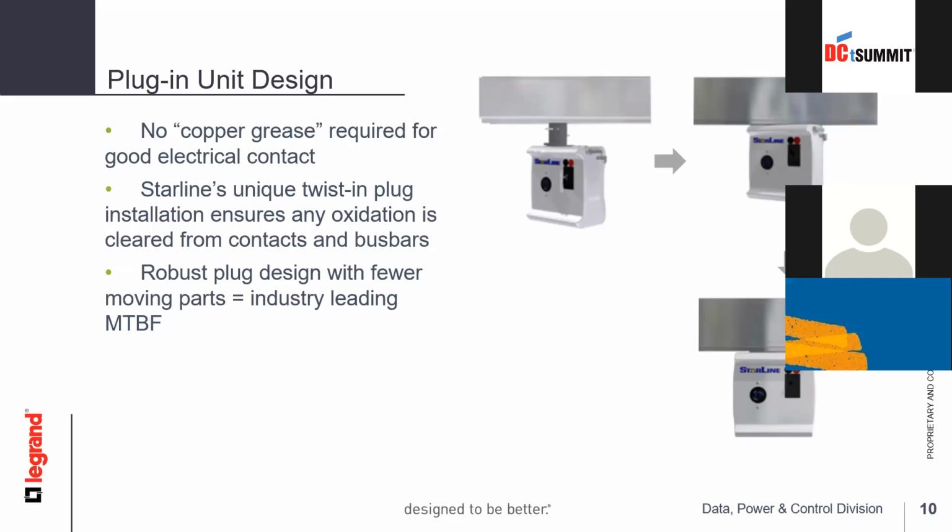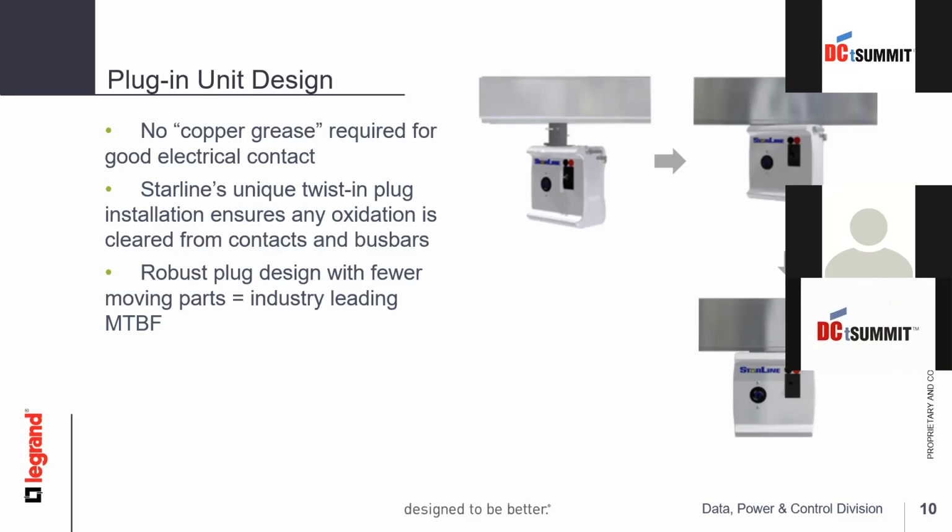Robust designs with fewer moving parts are inherently more reliable, such as simple insertion requests to make electrical connections. Many of the plug-in designs in the industry use moving parts such as a lever to engage the plug-in unit with the bus bar. And these designs can be unreliable because if the lever accidentally gets operated, then the tap-off unit can get disengaged from the bus bar. And this can lead to shorting and could be a safety hazard.